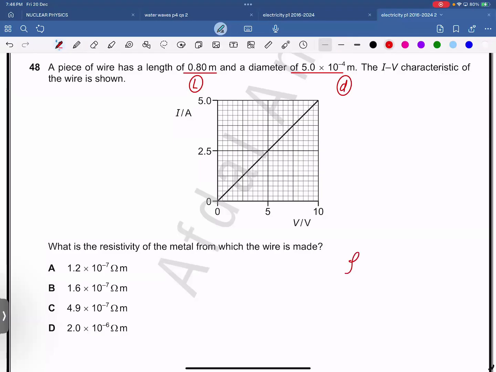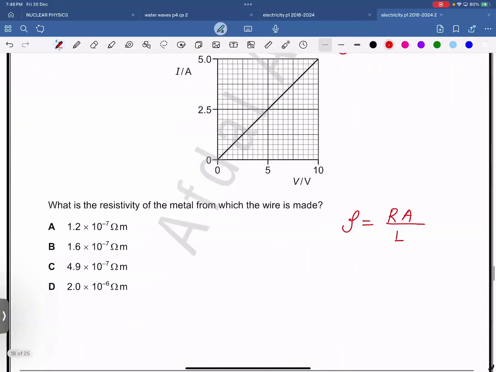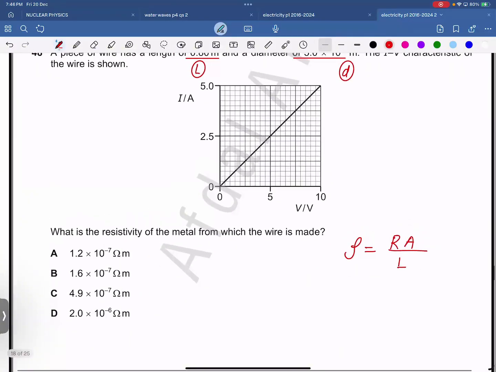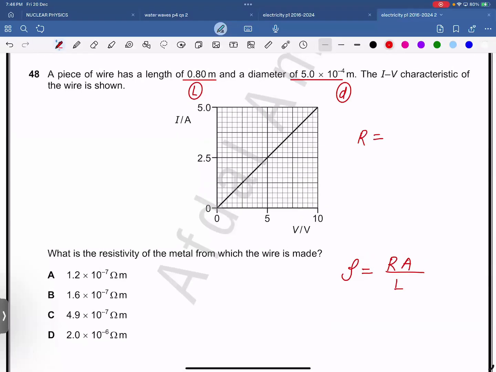Resistivity rho is equal to RA over L. We can find the resistance first. Resistance is V over I, 10 divided by 5, so 2. Area is pi d square over 4, with d as 5 times 10 power negative 4. Over length. What's the answer?